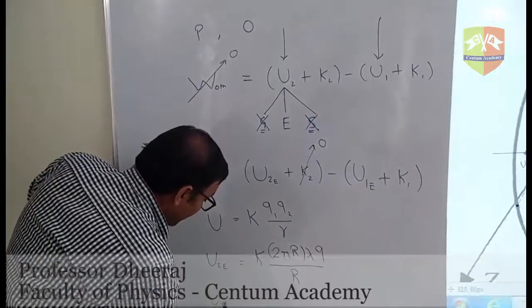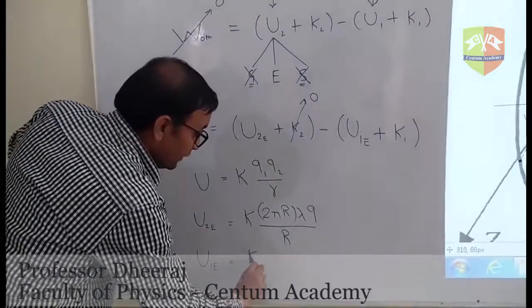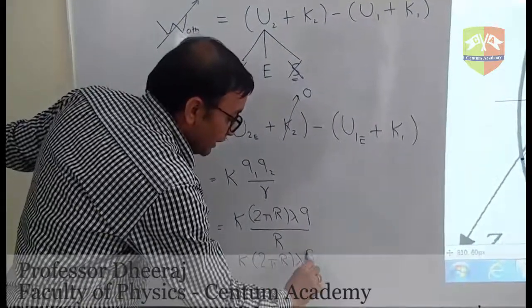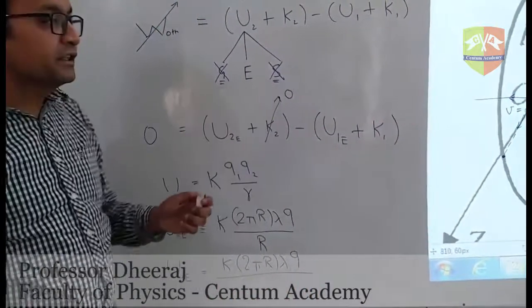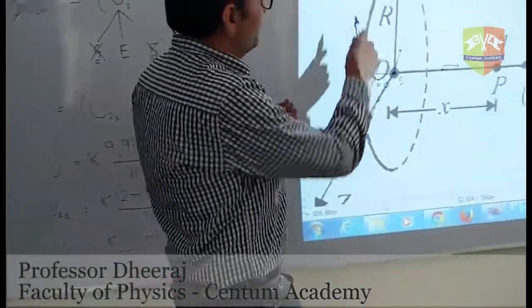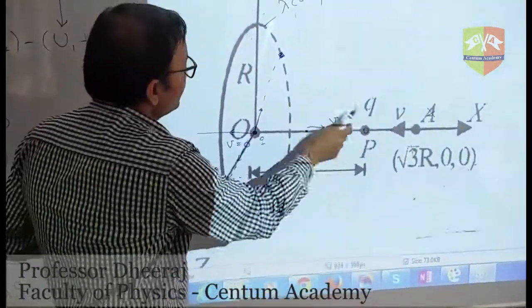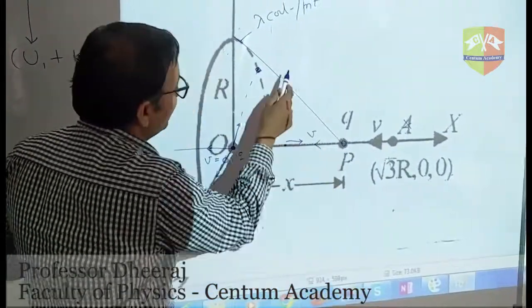And potential energy U at point 1 is equal to K times 2 pi r times lambda into q divided by the distance between them. What is the distance between all the point charges on the ring and this charge? It is actually this one.